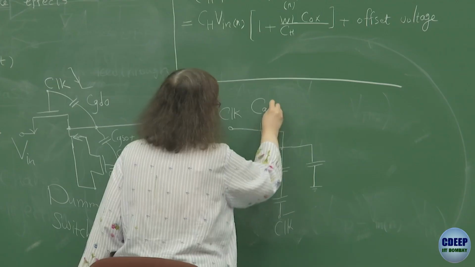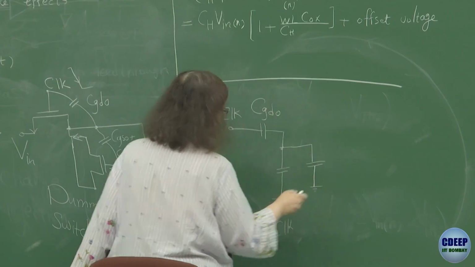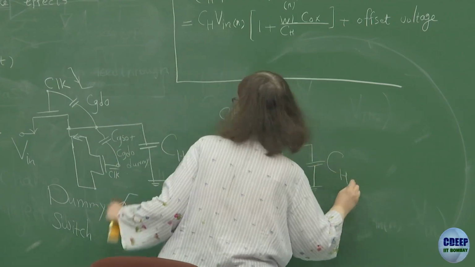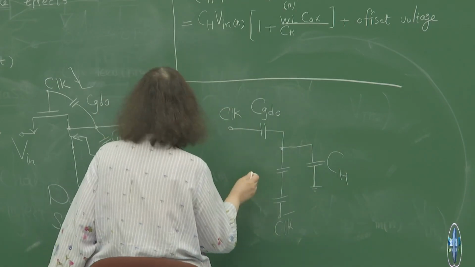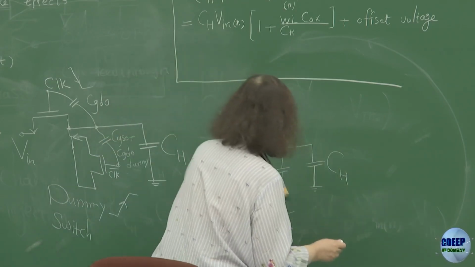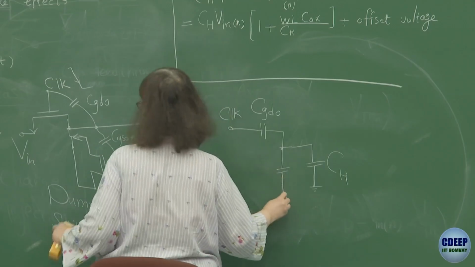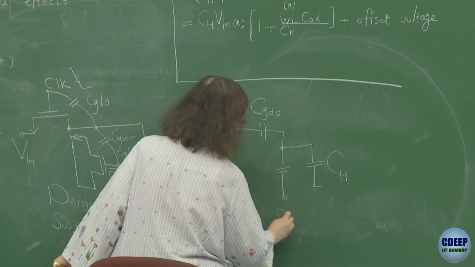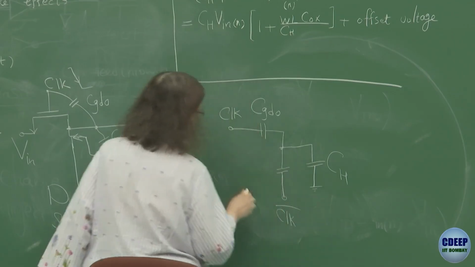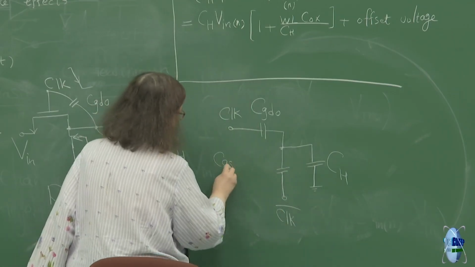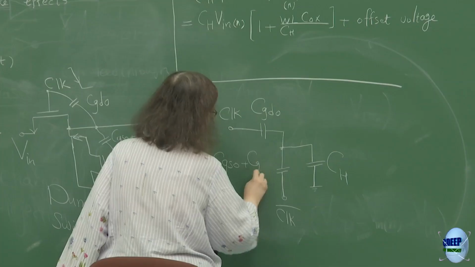So this is CGDO, CH, and then here I have CGSO plus CGDO dummy.